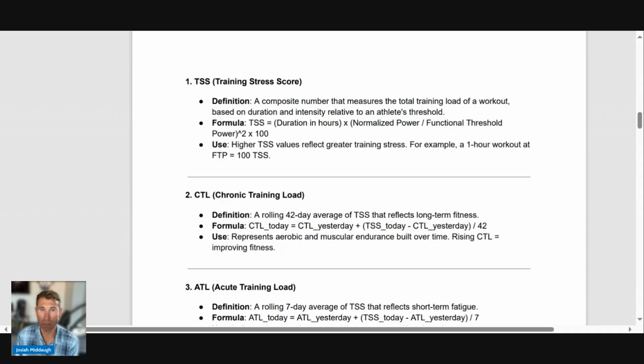It does heavily weight volume. So if you went out for a 2-hour ride and you were, say, at 50% intensity, which would be in a zone 1, that score would be pretty close to 100, the same as it would be for a 1-hour ride at 100%.